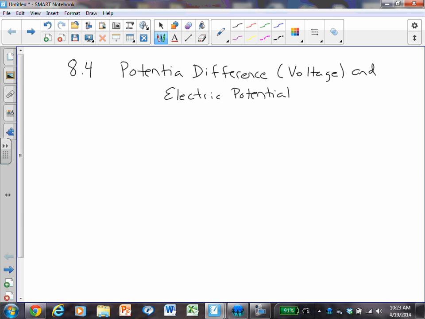So we saw with Coulomb's law that we represent a force between charges. And we can remember that a force exerted over a distance ends up giving us work done.